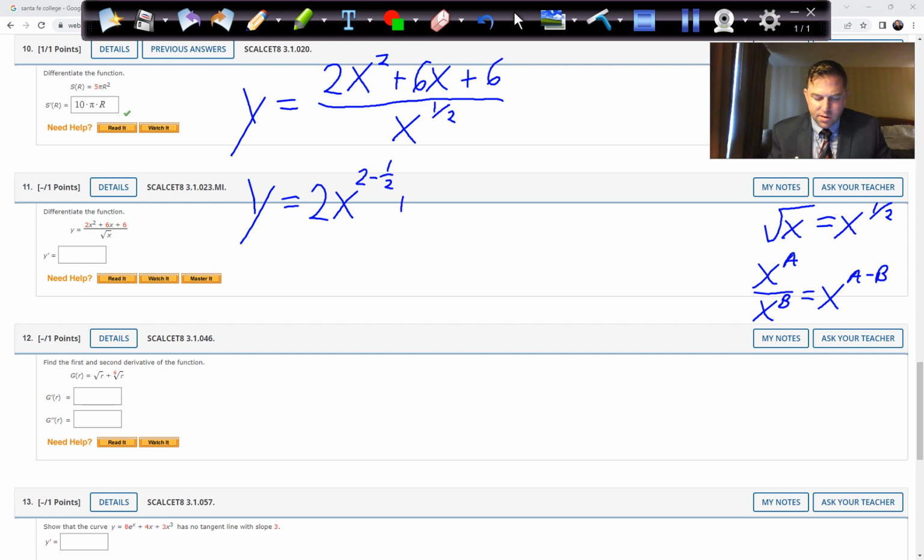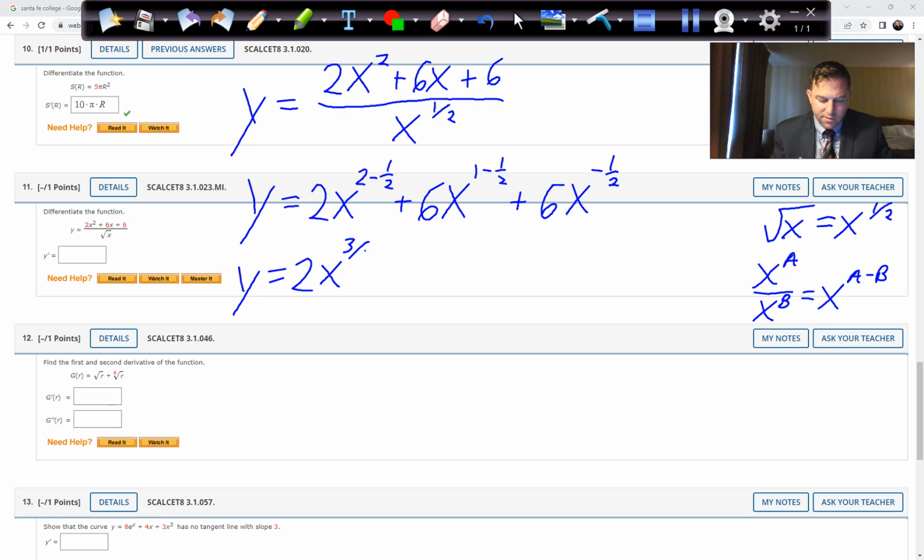And then we're going to do the same thing with this 6. It's going to be 6x to the 1 minus 1/2. And then this 6 would just be 6x to the minus 1/2. Okay, so we're going to get y is equal to 2x to the 3/2 plus 6x to the 1/2, and then plus 6x to the minus 1/2.